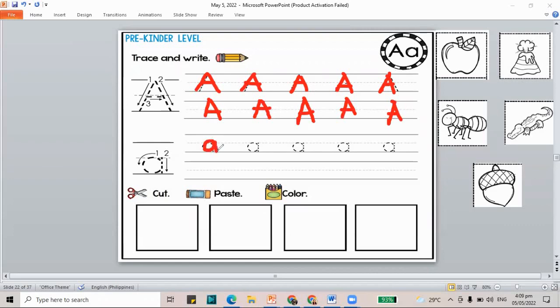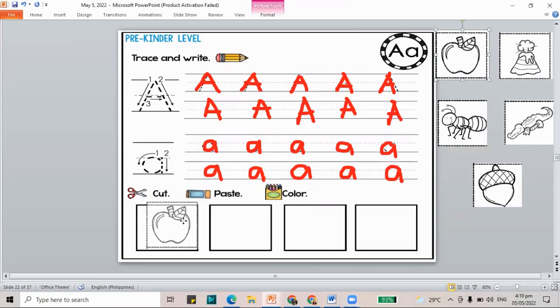Lowercase, go around, up and down, go around, up and down. Then let's put our pictures, the ones that show things that go in A. A is for the apple.